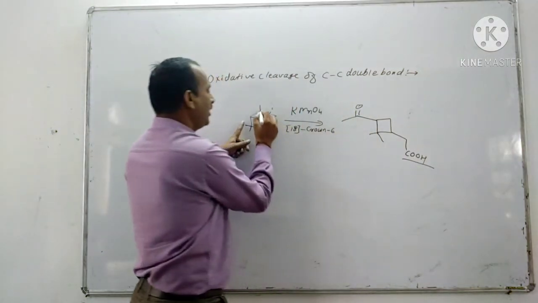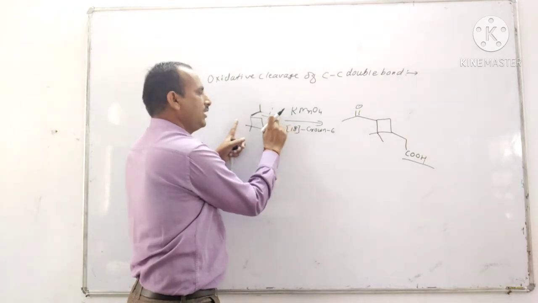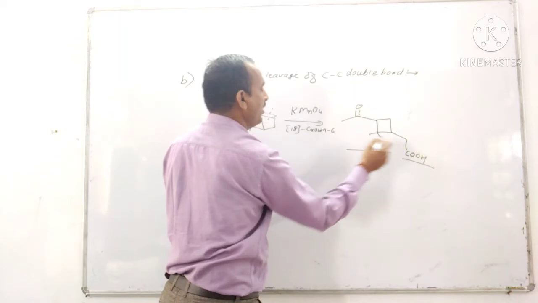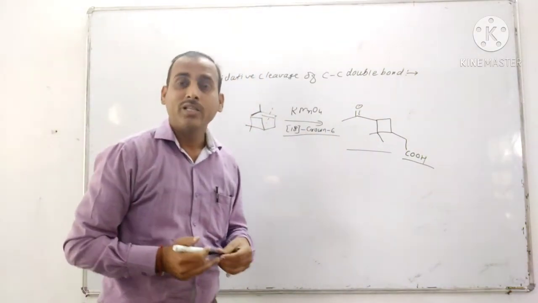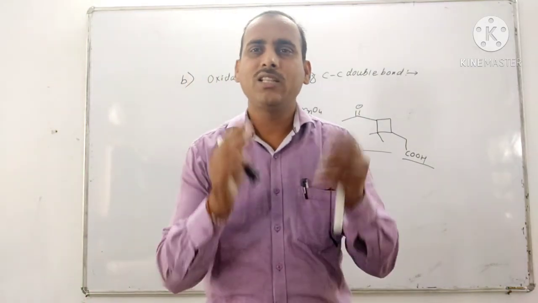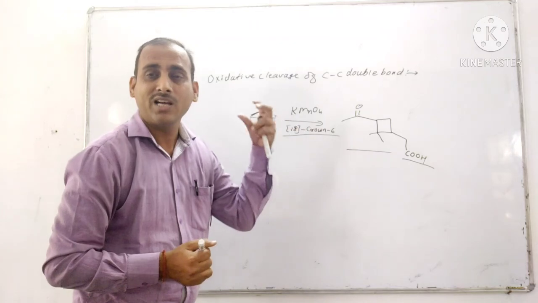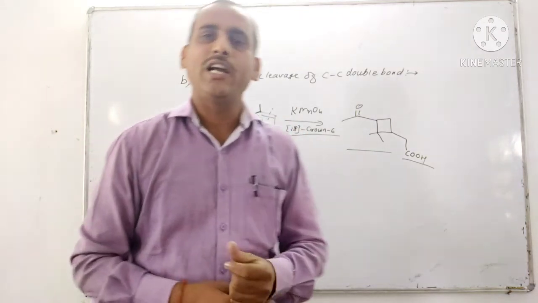There is formation of carbonyl and carboxylic acid. The aldehyde is further oxidized to form the carboxylic acid. So this product is formed in 18-crown-6. It means if there is acidic condition, then the carbon-carbon bond undergoes cleavage to form the carbonyl and carboxylic acid, and in alkaline condition it forms the diol.